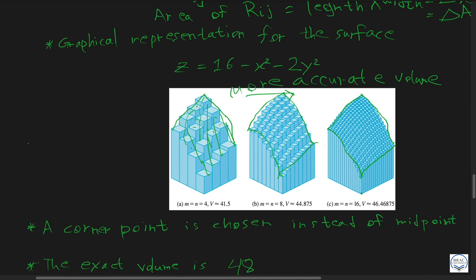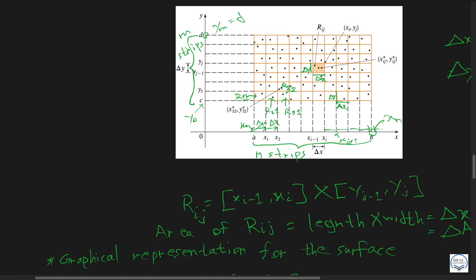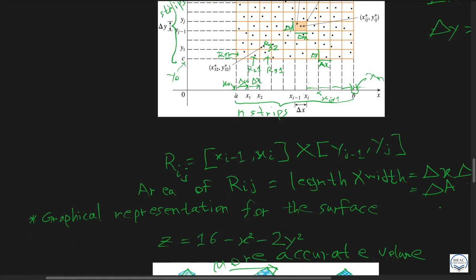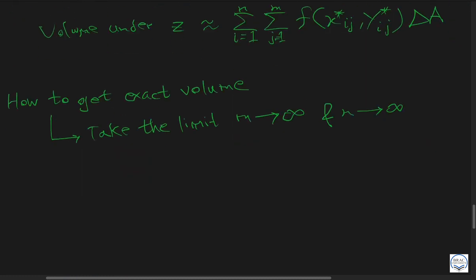What would happen if we do that? You can see from this picture that as m and n both increase, our rectangular regions will decrease a lot. These regions will get smaller, and as a result, the area will also get really small. We'll call this area the infinitesimal area. So delta A will become infinitesimal, and we'll label it as dA.